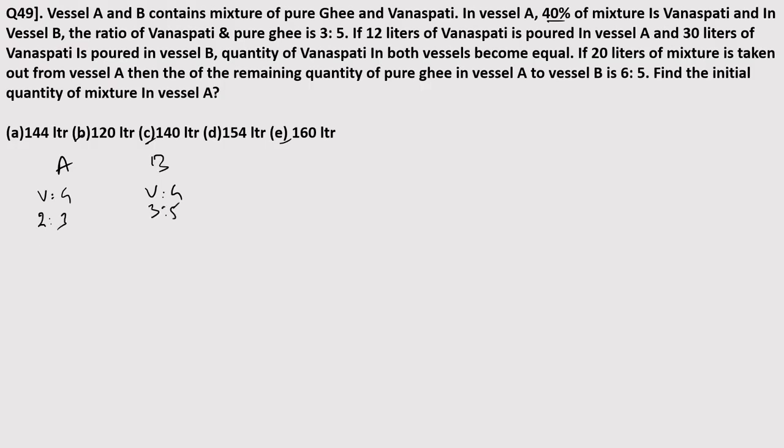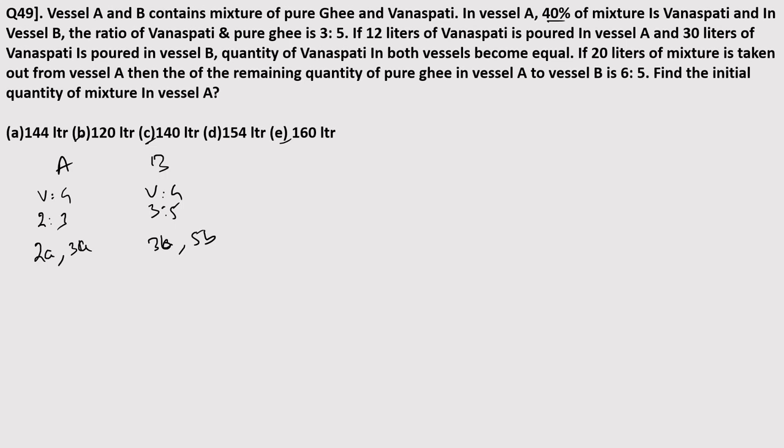Let me just assume the quantities. This has to be 2A vanaspati in A and ghee has to be 3A. In vessel B, 3B is the quantity of vanaspati and 5B is the quantity of ghee. Now the second line says if 12 liters of vanaspati is poured into vessel A and 30 liters of vanaspati is poured into B, the quantity of vanaspati in both vessels becomes equal.